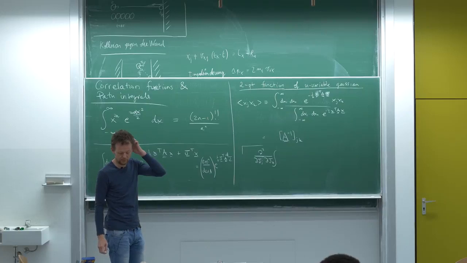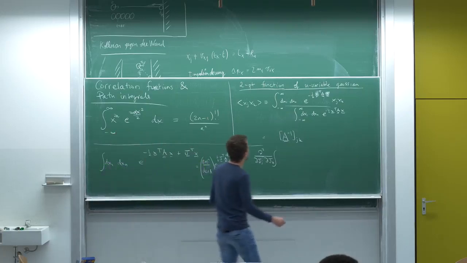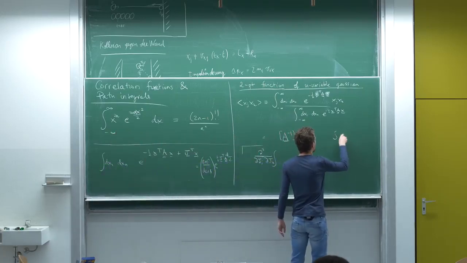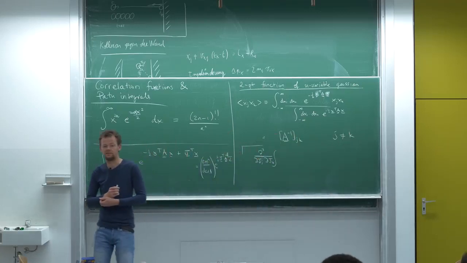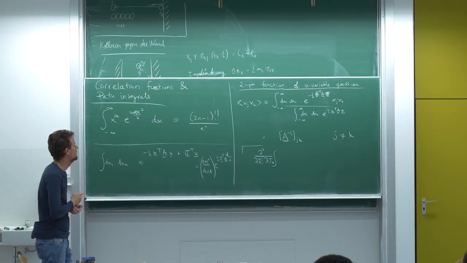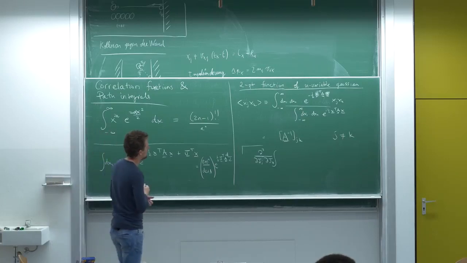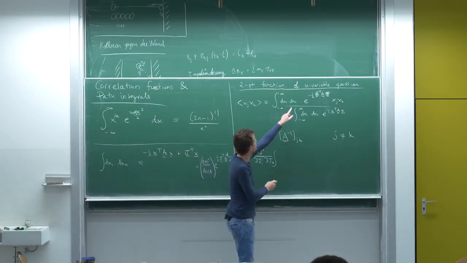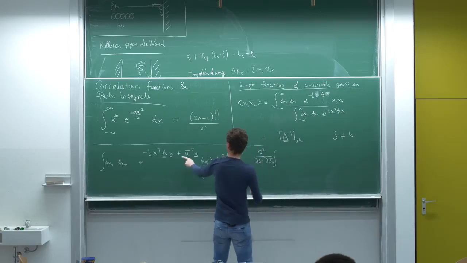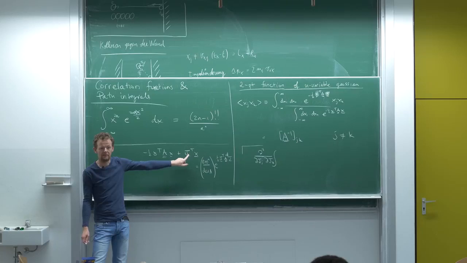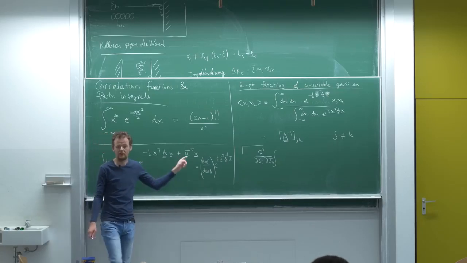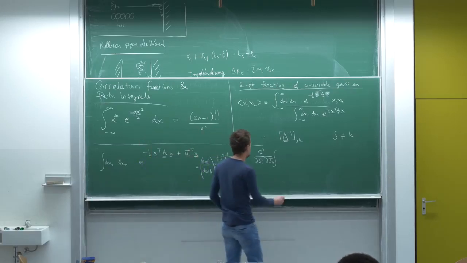This is, I should point out, for j not equal to k. When j is equal to k, it's a slightly different answer. So we look at this generating function over here, and we realize by differentiating with respect to capital J little j and capital J little k, we can bring down an xj and an xk.